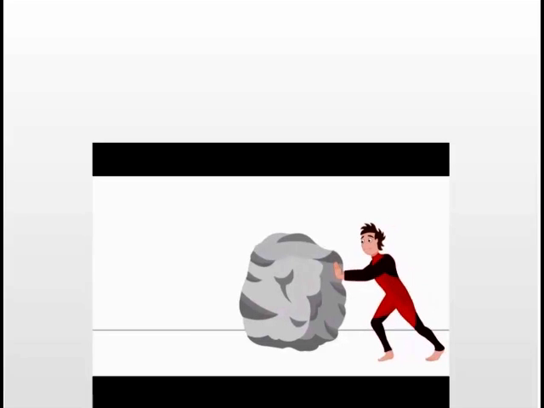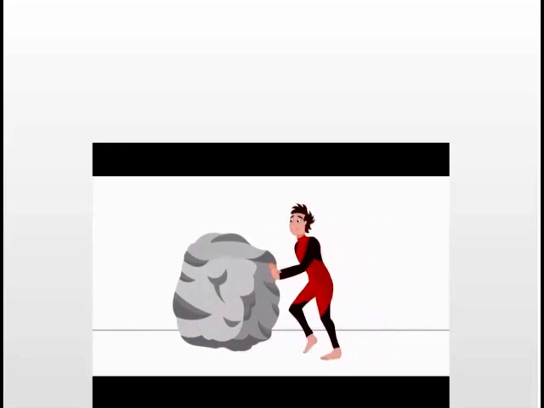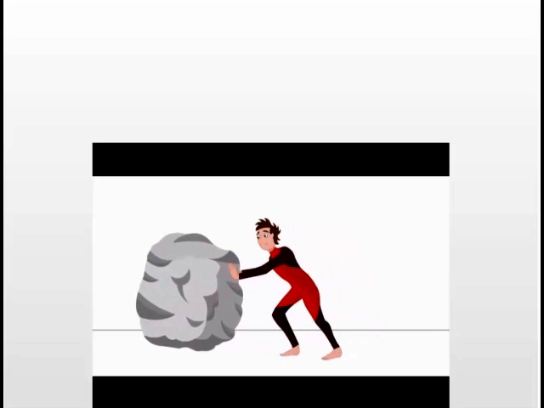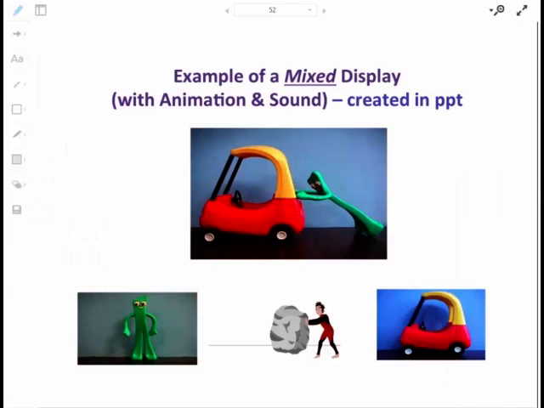Push. So in this case, push. Action leads to an understanding of action. So if we have Gumby as the noun element, we'd have the verb here, and we have the car as the object of that sentence.